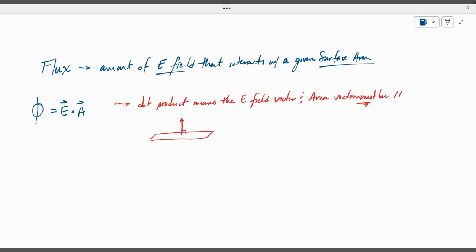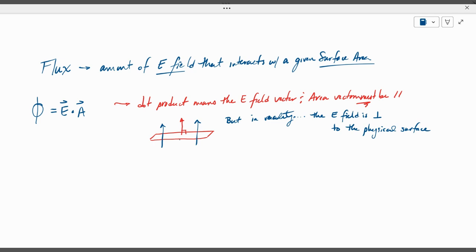But in reality, the electric field is perpendicular to the physical surface. So here, if I have an electric field that's pointing up, well, the electric field lines are parallel to the area vector, so these would match.